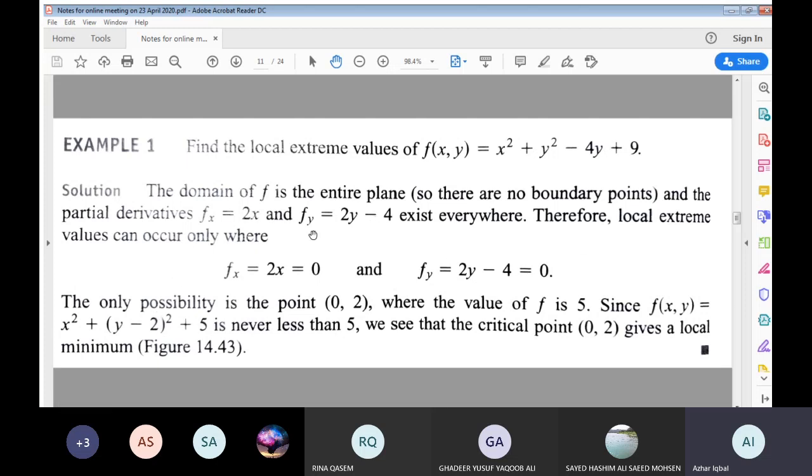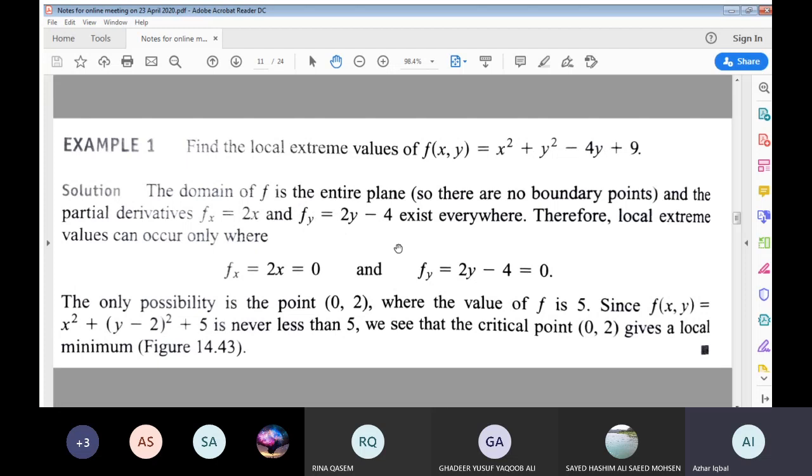And the partial derivatives of this function, which you can easily find, are 2x, the partial derivative with respect to x, and f of y, the partial derivative with respect to y, which is 2y minus 4.